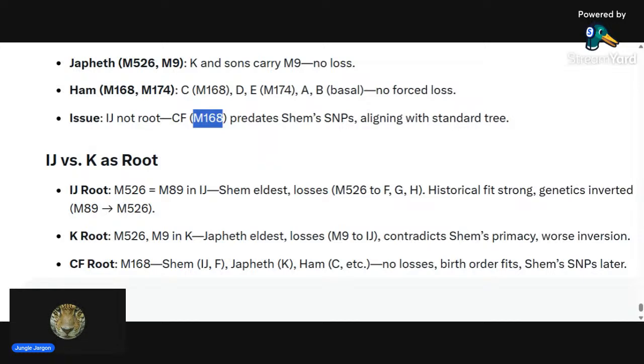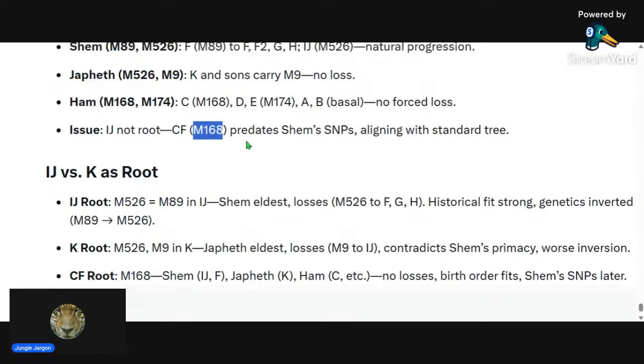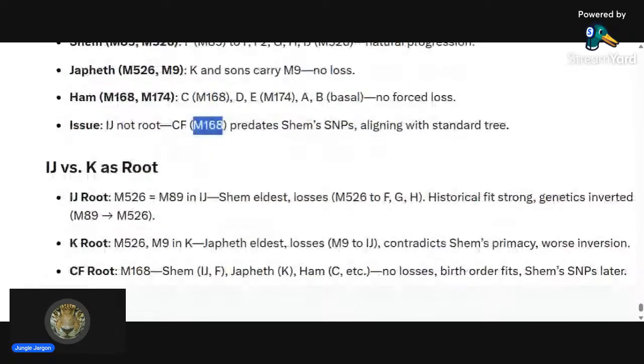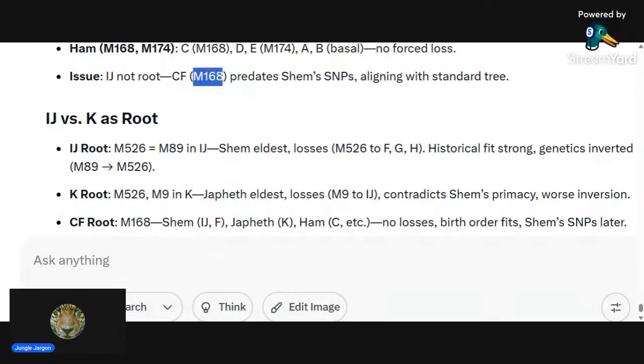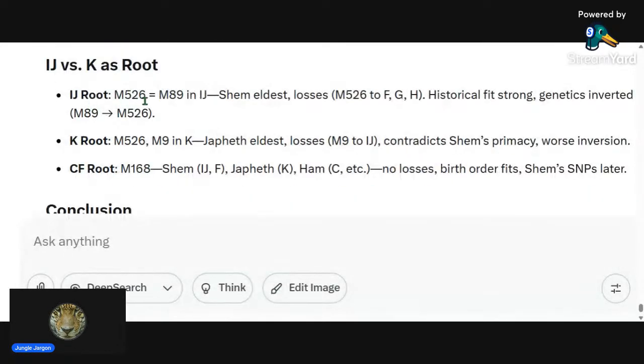Okay. And I thought Japheth had it too. Anyway, sometimes it doesn't get straight, everything. But see, IJ is the root. Is M526 equals M89 in IJ.